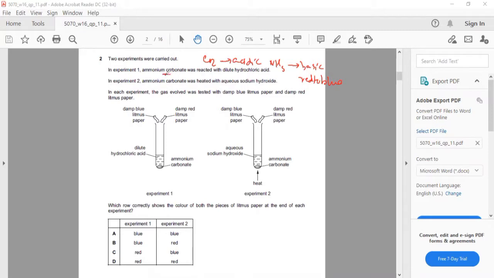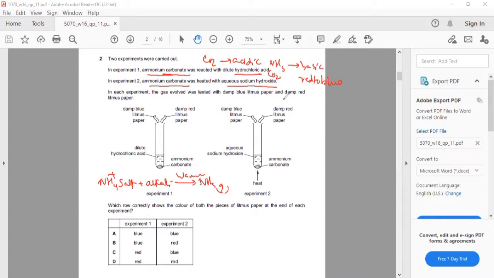In experiment 1, carbonate and acid: there's a rule that carbonate and acid form carbon dioxide gas. In experiment 2, ammonium carbonate and alkali: any ammonium salt reacts with any alkali, and if you warm it, you get ammonia gas.